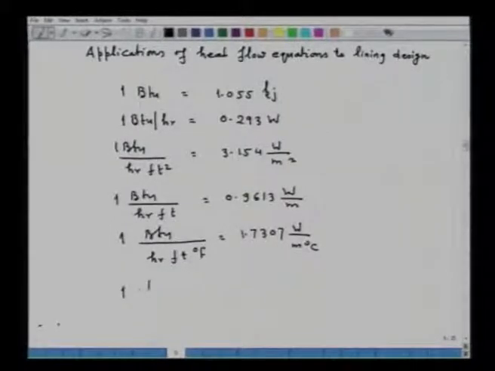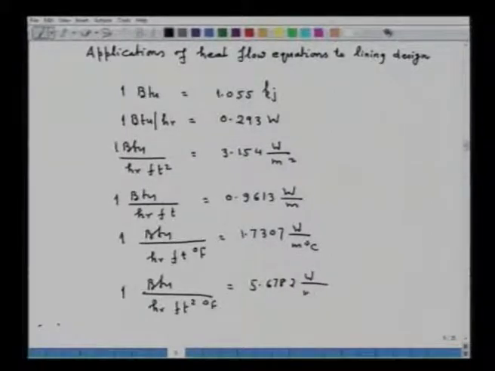Then 1 BTU per hour feet square degree Fahrenheit, that is equal to 5.6782 watt per meter square degree Celsius, that is the unit for heat transfer coefficient.